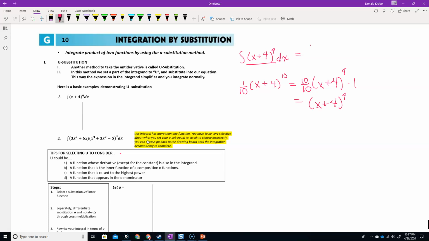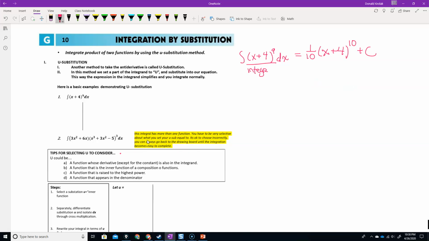So the integral, or the antiderivative, would have been 1/10 (x plus 4) to the 10th plus some constant. Well, that's integration by inspection: what function has the integrand, remember that we call this the integrand, as its derivative?